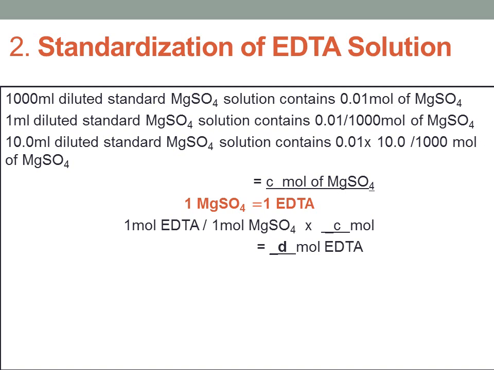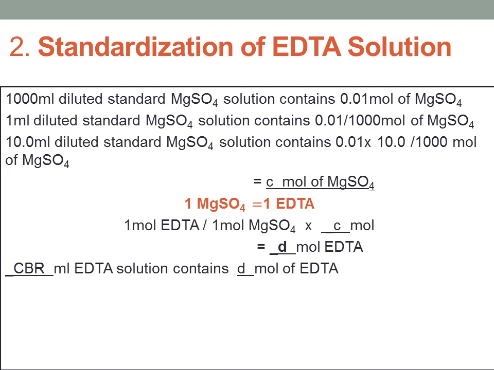After that, the concordant burette reading which you got in the standardization step, that concordant burette reading you will fill in this blank. Whatever your concordant burette reading is, that is the ml of EDTA solution that contains D mole of EDTA.